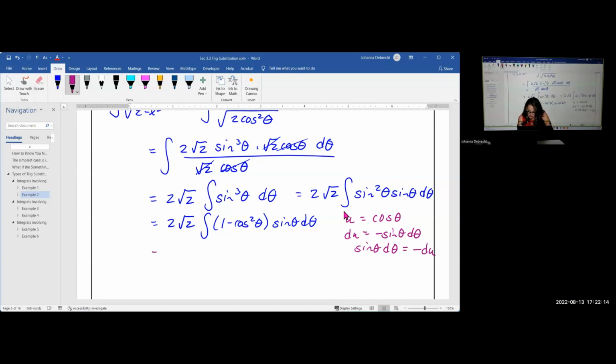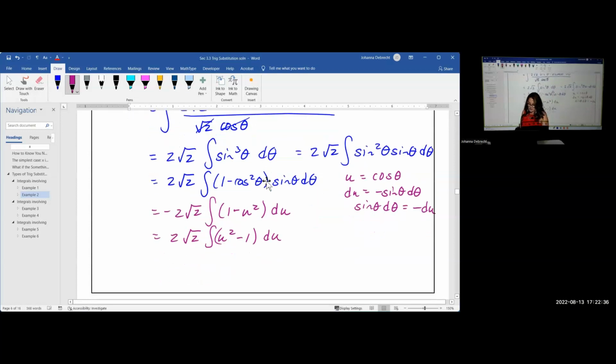I can put the negative in at the front, or I can use the negative to distribute over that 1 minus u squared to reverse the order. And this becomes 2 radical 2, the integral of u squared minus 1 du.